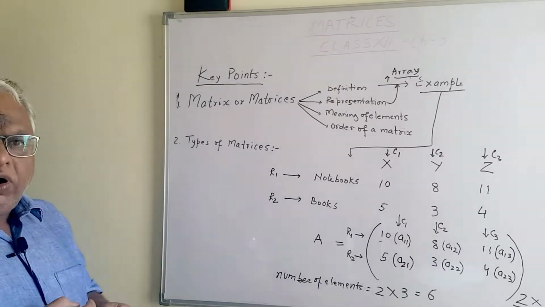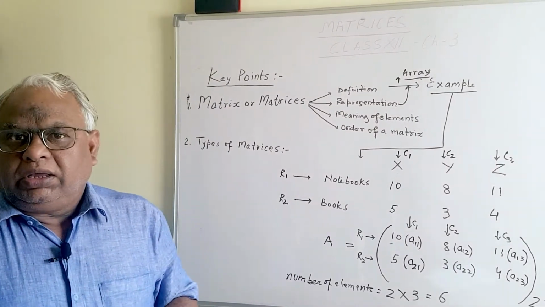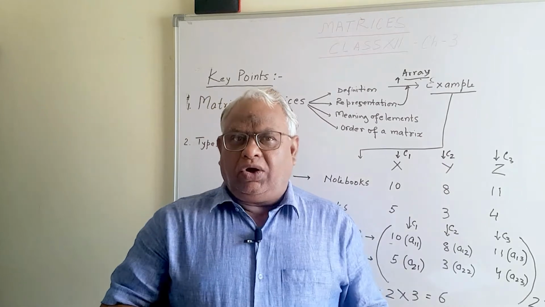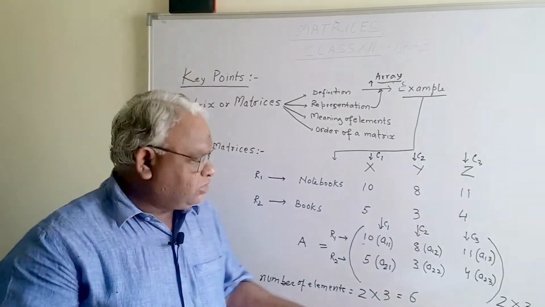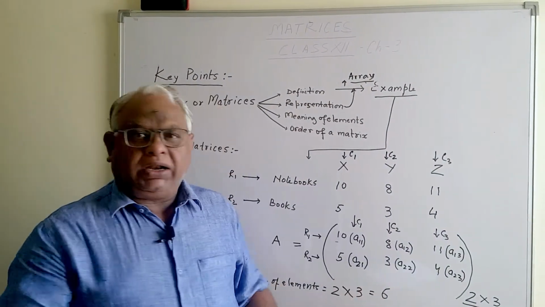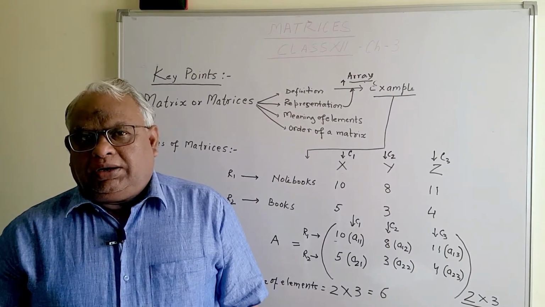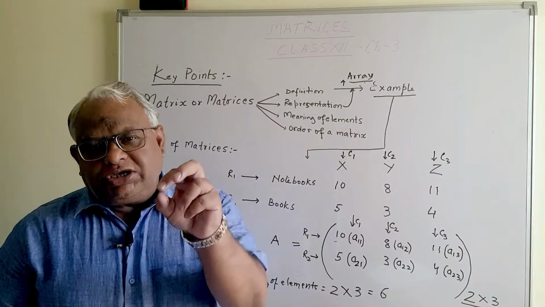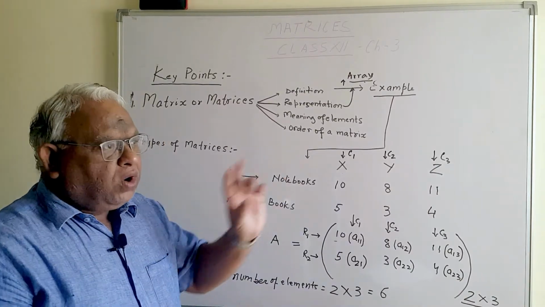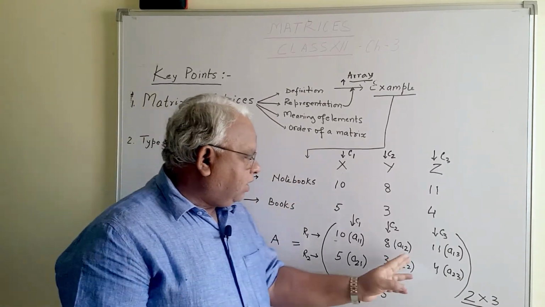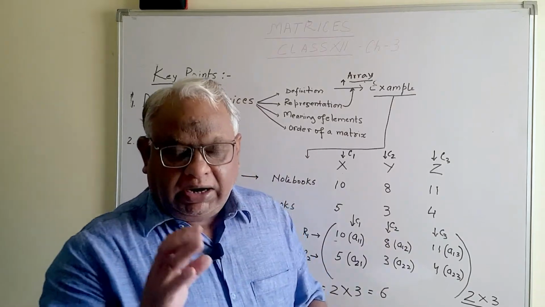So whatever is the order of the matrix, that is going to give me also the number of elements in this. So to just clear your doubt, what is the link between the number of elements and the matrix, I will take an example.